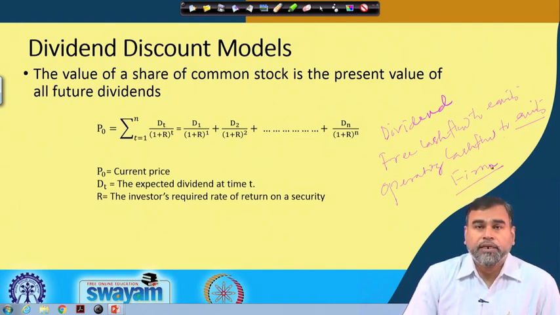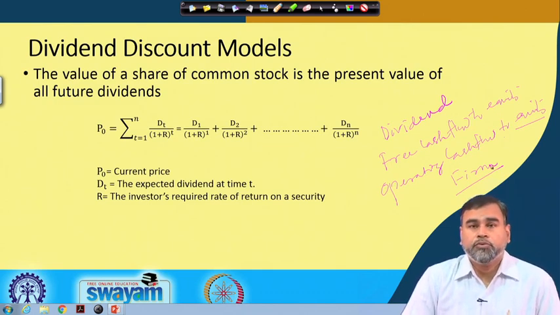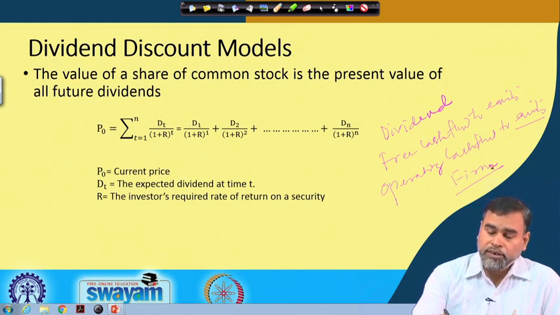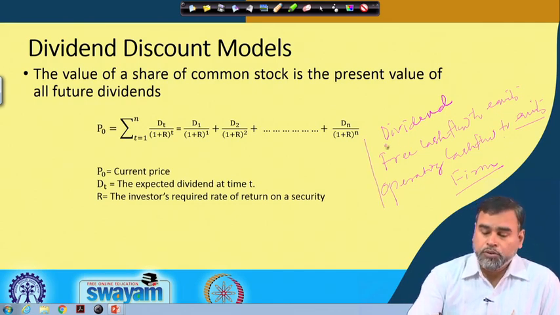Generally the operating cash flow is always calculated with respect to the company or the firm, not only with respect to equity.